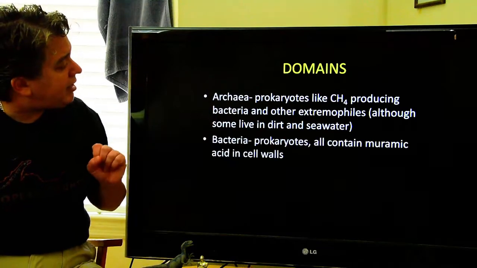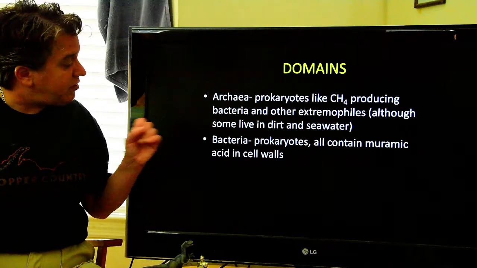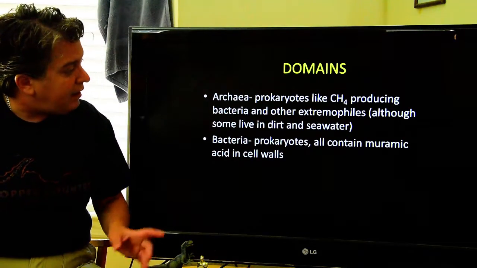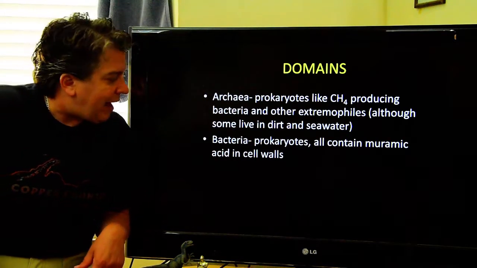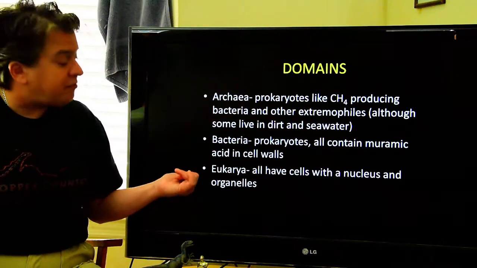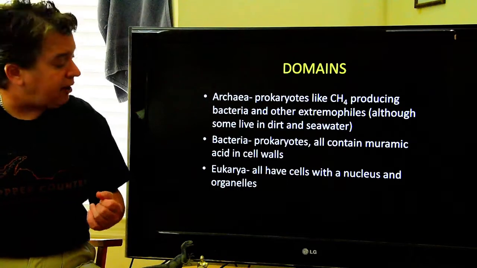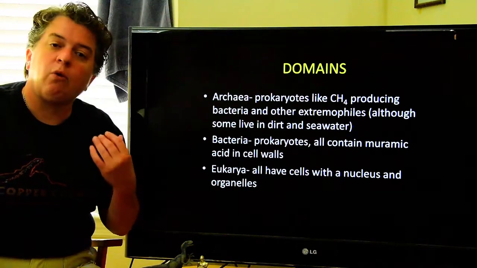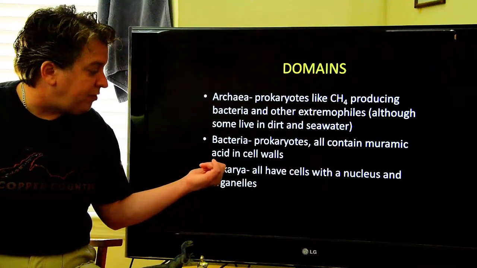So that's our archaea. Now there's another domain, which is bacteria. These are also prokaryotes, and they all contain muramic acid in their cell walls. And then there's the eukarya, or eukaryotes. All of these have cells with a nucleus and organelles, and we're part of this domain.